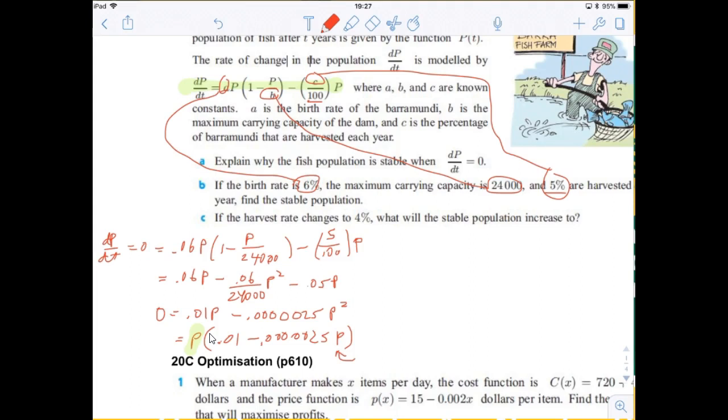So to find that out, we could subtract the 1 over to the other side. And then we get this expression here, and then we can say, okay, what's the value of p?